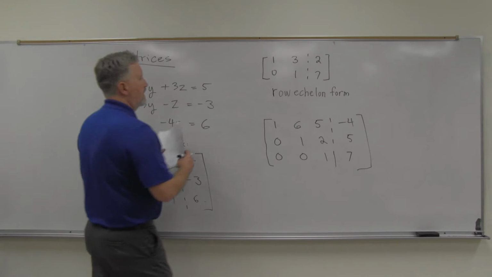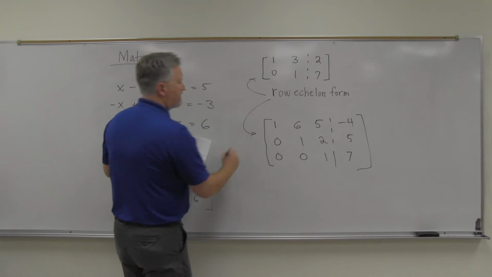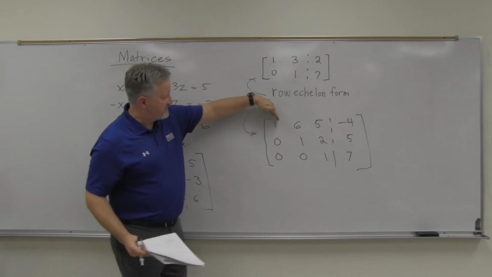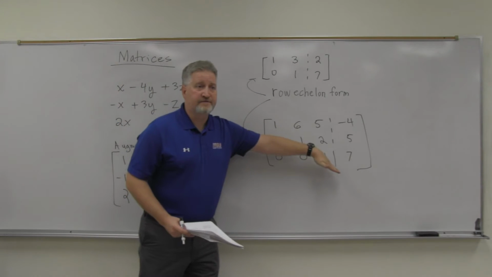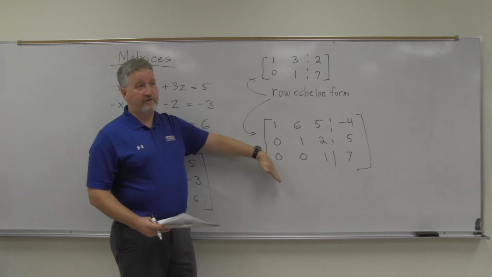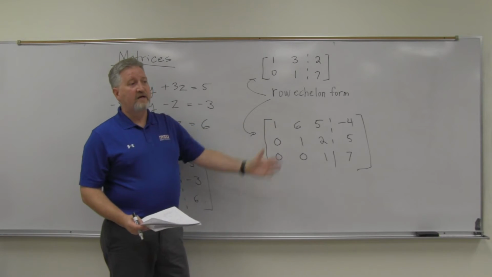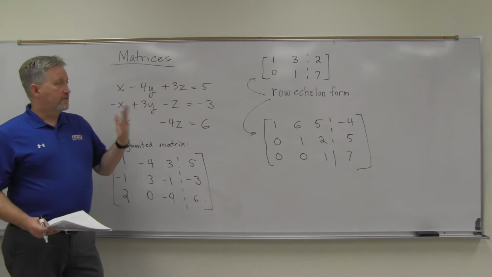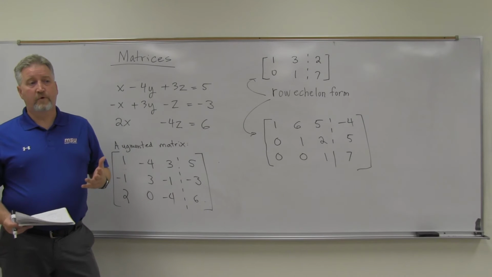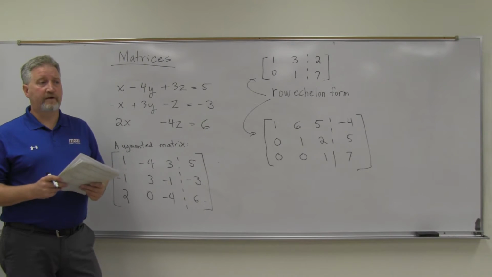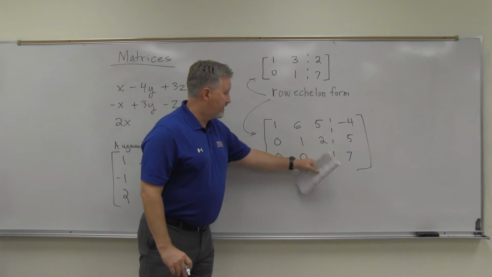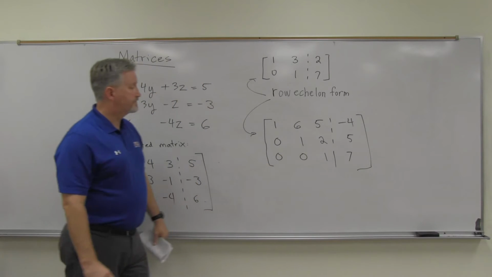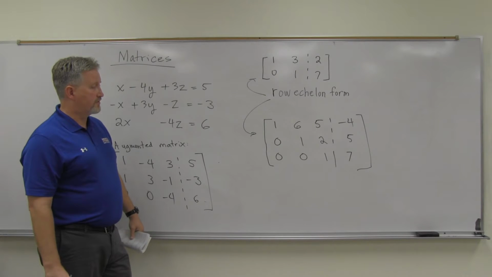This is also row echelon form, because notice, along this kind of diagonal we've got the 1s, and then below that diagonal you got zeros. So that's what we're looking for when we say row echelon form. First one starts with 1, and the ones before the 1s are 0.